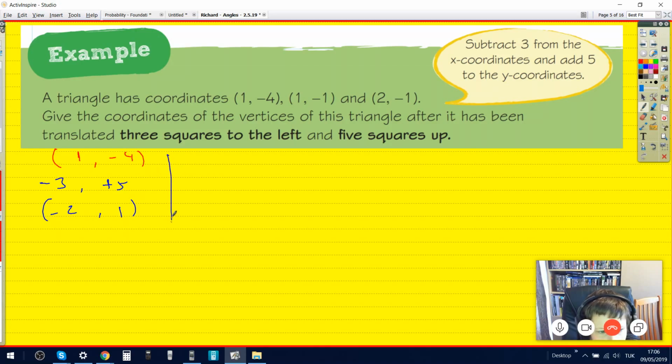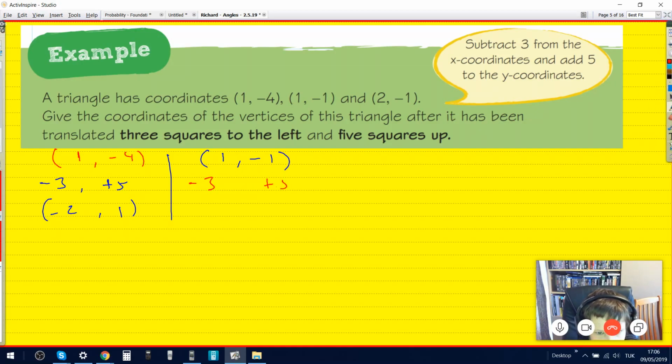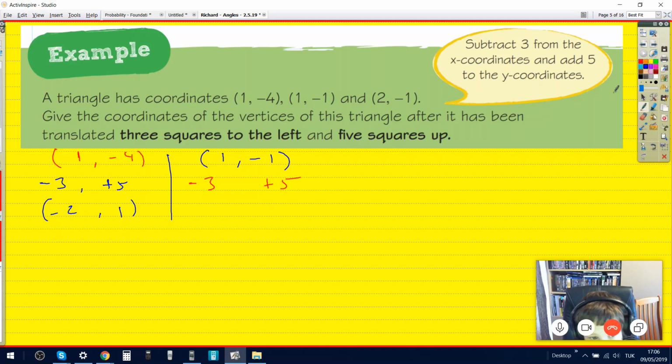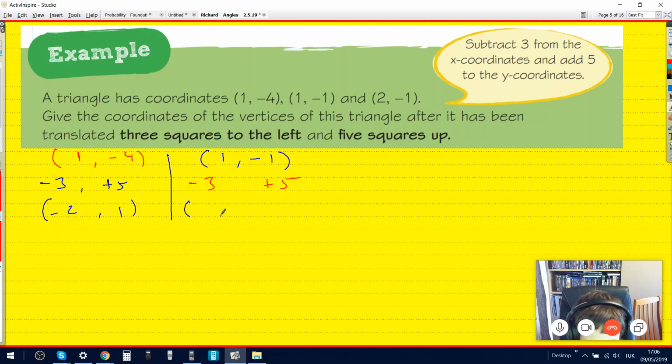So same thing for the next coordinate. So 1, -1. 3 squares to the left. It would be 1 minus 3. So that would be -2. And it would be -1 plus 5, and that would be 4.